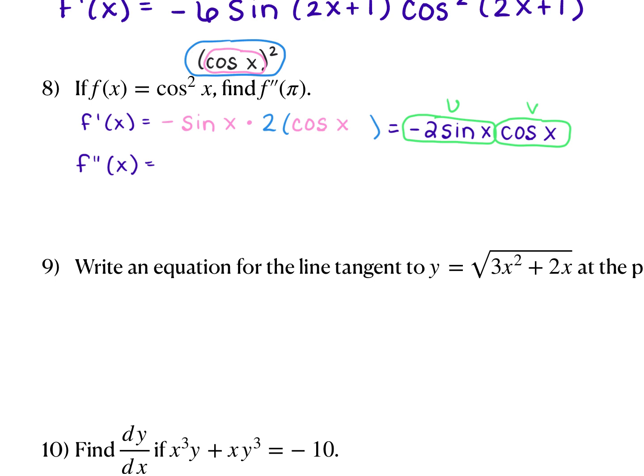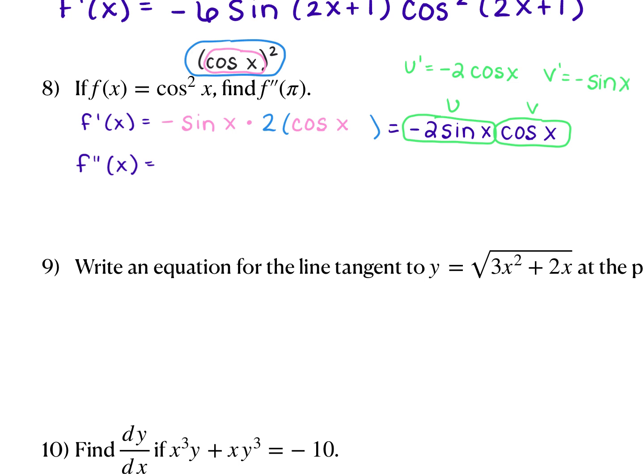Then my u prime, I'm just going to write up here. That negative 2 can just stay part of my derivative, and then the derivative of sine x is cosine x. My v prime would then be the derivative of cosine x, which is negative sine x.